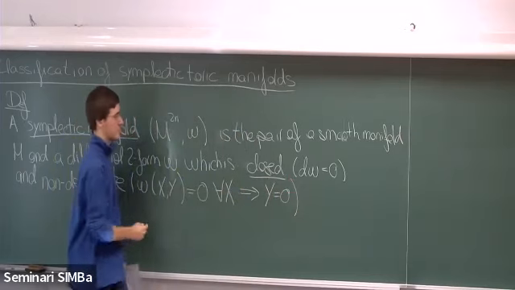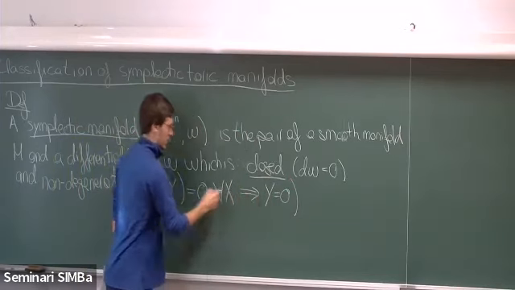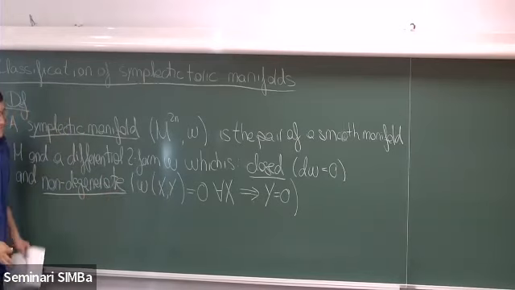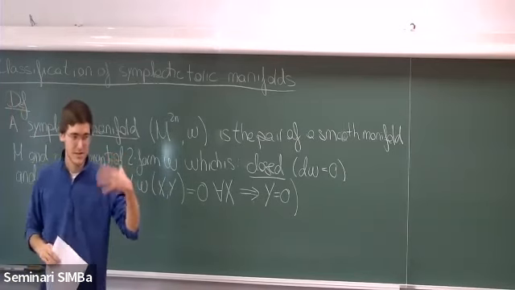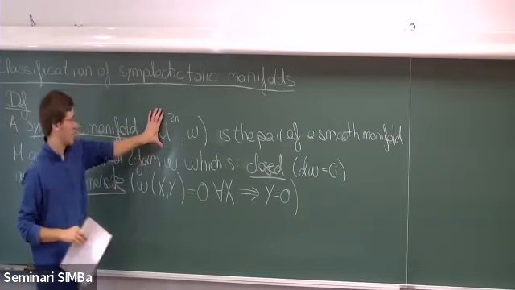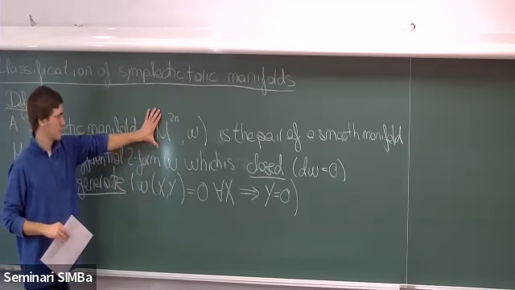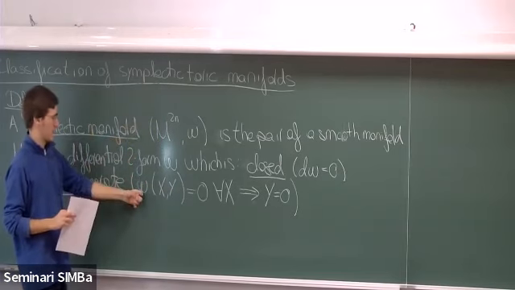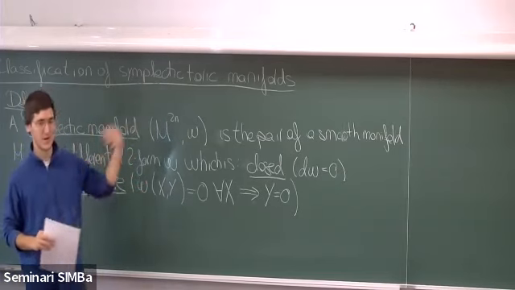If this implication is true for any combination here, then we call omega non-degenerate. This, in other words, as we'll see later, is another way to say that for any smooth function we have on this manifold, we have a unique vector field that contracted with this omega is equal to the differential of this function.